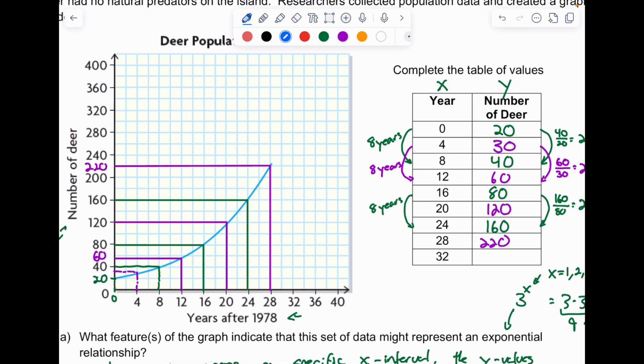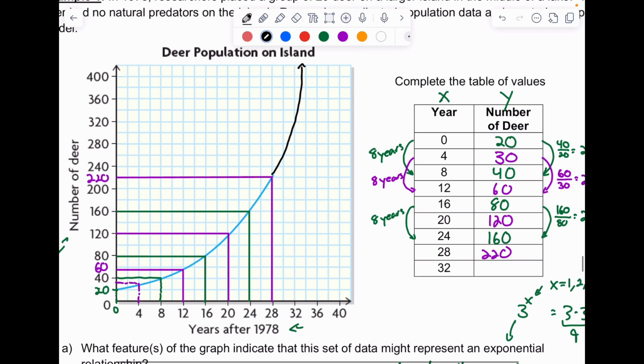So when it says use a graph, let's extend the graph, trying to keep the same kind of curvature, right? So it might do something like this, kind of going up, right? If I follow that trajectory, that looks pretty good. Yeah, you can kind of see the curvature is the same.